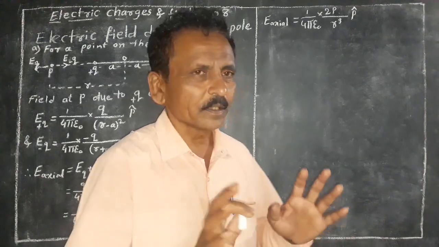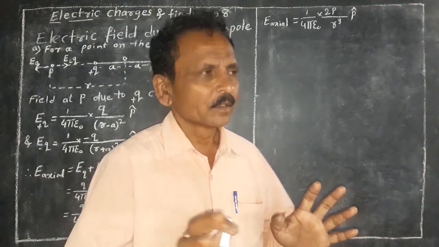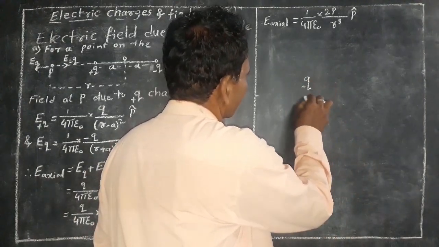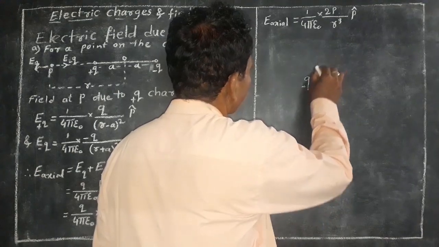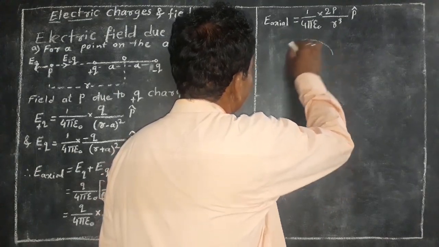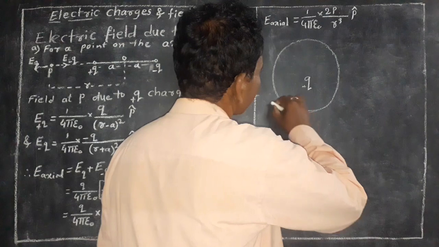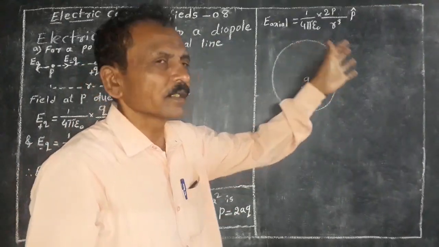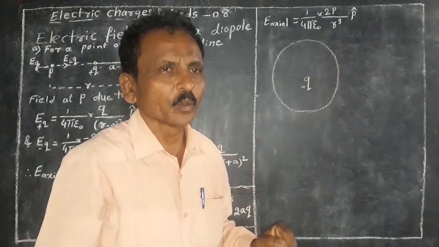Now, what is electric field? The space surrounding a charge: consider a source charge, it produces a sphere of influence around it, in which another charge experiences force.